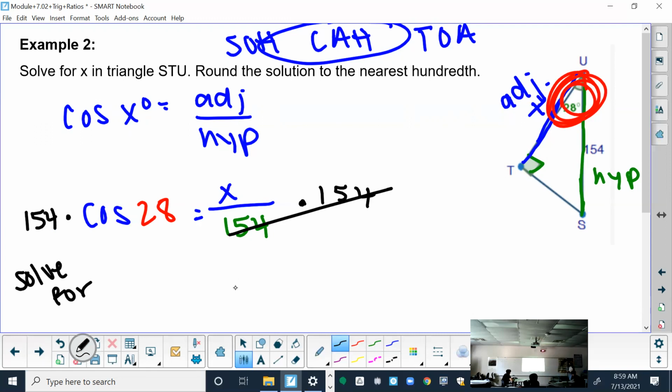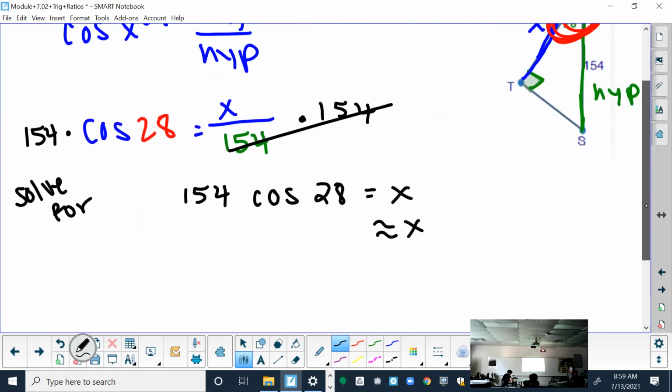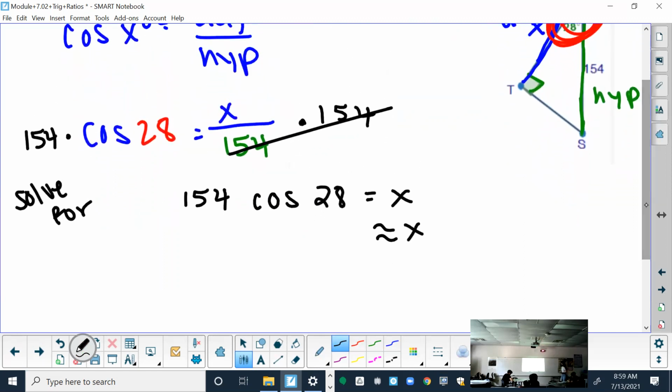Now that we have the x by itself, we can just enter everything into the calculator. So 154 cosine 28 equals x. Practice using your calculator, practice using the cosine function.